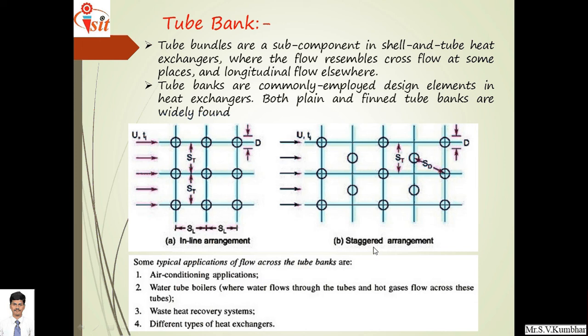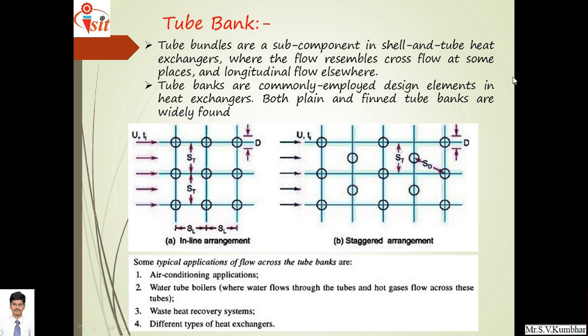In staggered flow arrangement, these are only in line but these are not in line. If you observe the first and second line, these are in line here, but in this staggered arrangement this tube is not in line with this. So, it is in a zigzag manner like this.